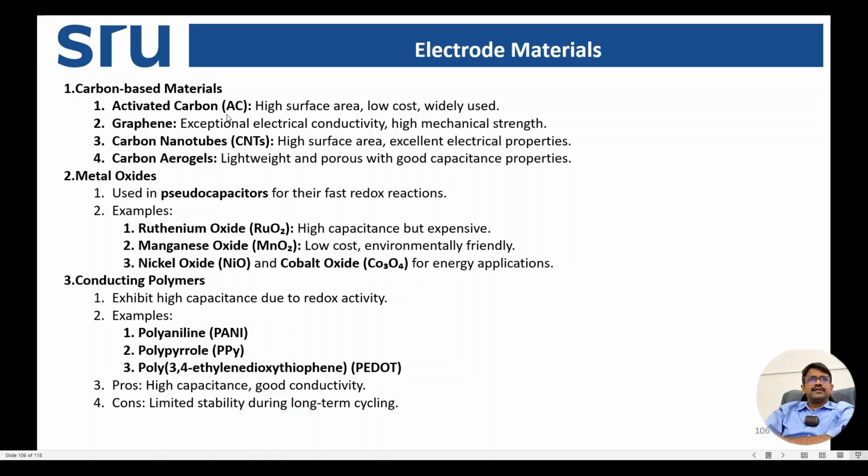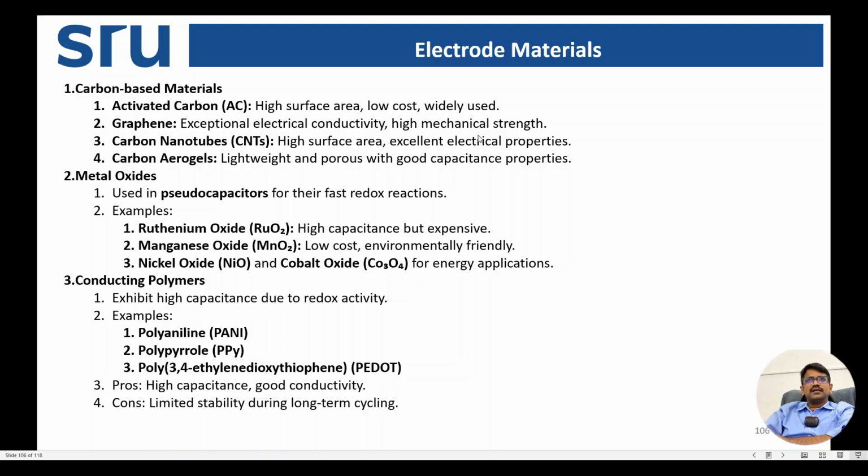Activated carbon has high surface area, low cost, and is widely used. It is a very basic electrode material. Graphene is also a carbon-family material. It has exceptional electrical conductivity and high mechanical strength.